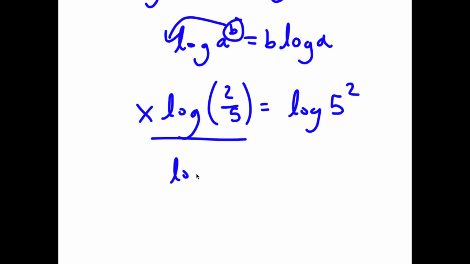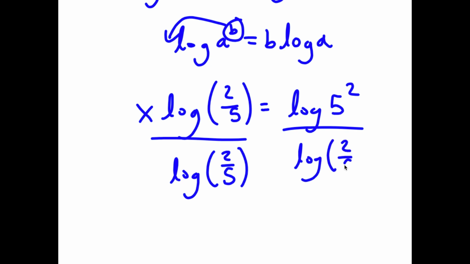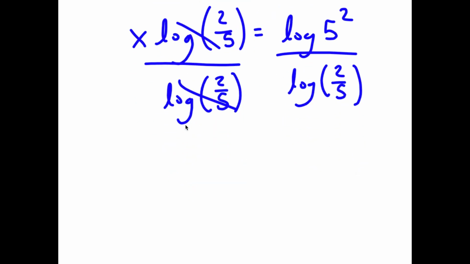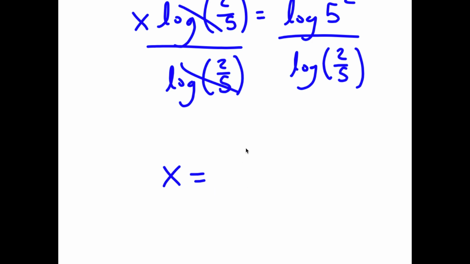Now I'm going to divide both sides by log 2 over 5. These two cancel out. So now I get x is equal to log of 5 squared over log of 2 over 5.